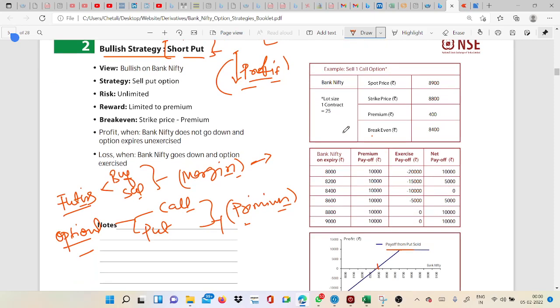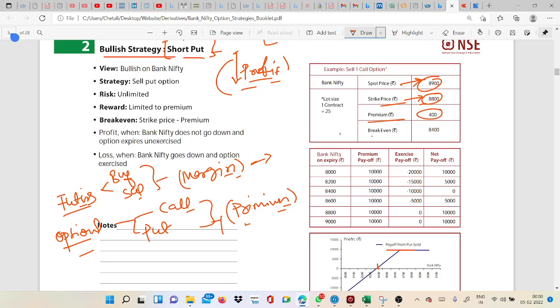So here we'll see it on the chart. Spot price 8,900, strike price 8,800, and the premium required is 400. So multiply with this, and now the break even point.